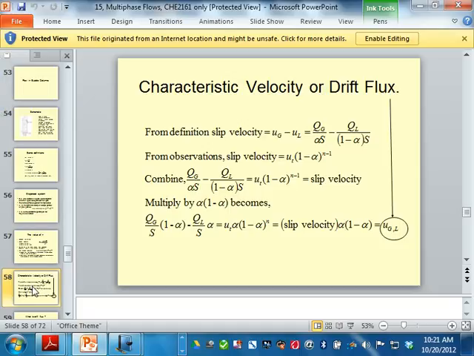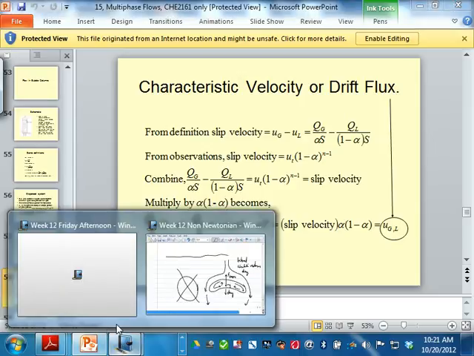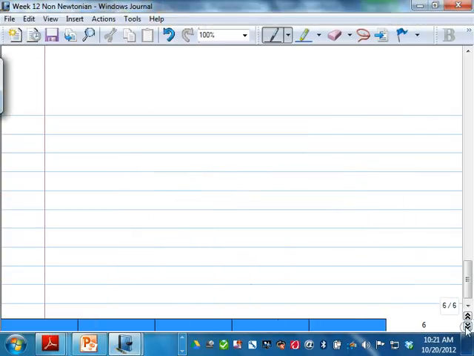Now, previously we were just considering stationary liquid and a bubble rising, and we called that UT. So a small bubble in a big tank rising, we call that UT, the terminal velocity of the bubble.